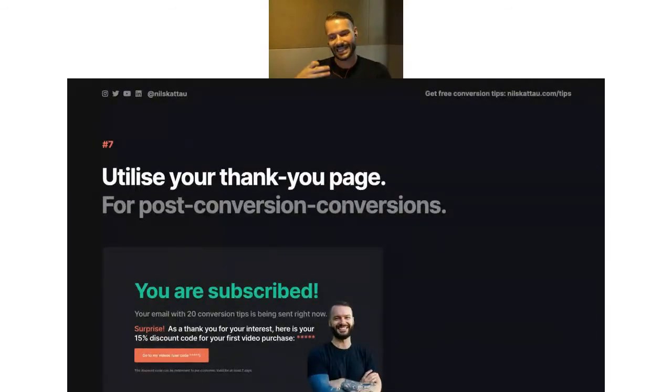If the goal is easier than the one they just went through, then the likelihood of them converting again is really, really high. And this really makes a lot of sense. Most thank you pages just say, thank you for signing up, go back to homepage. And this doesn't make sense because you're wasting so much potential there. Okay, then number 8.